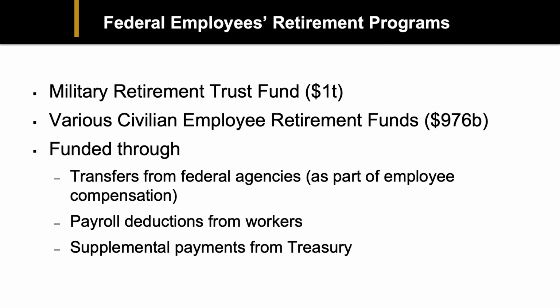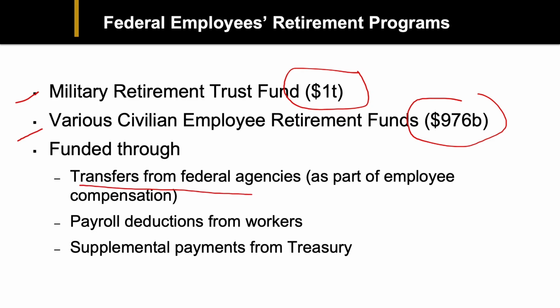The federal employee retirement programs, there's the military retirement program, there's the civilian retirement program. Each of those has around $1 trillion in the funds. Those have accumulated that money and will continue to accumulate as transfers from federal agencies.